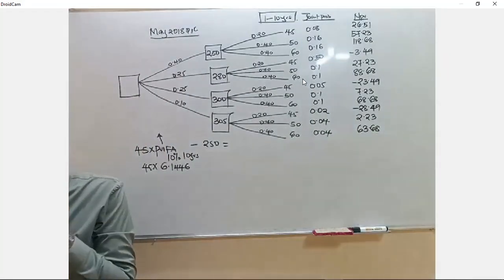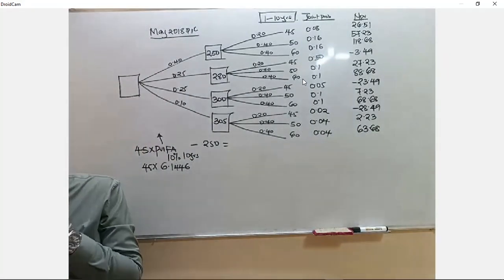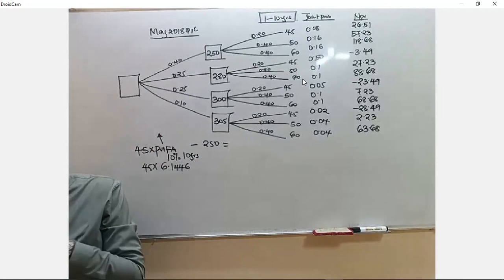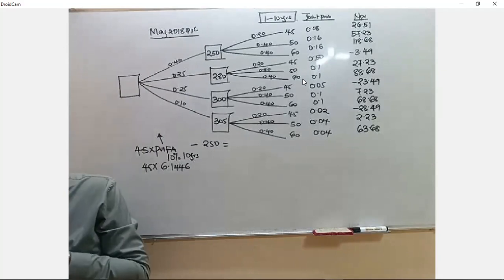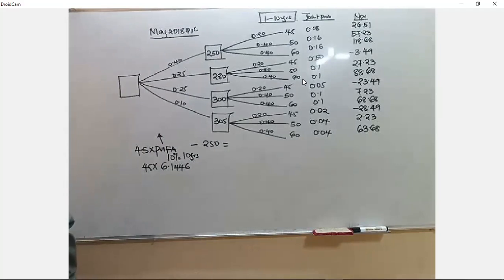63.68. Anyone who can be able to tell me where those things are coming from? Anyone who can say, I don't know where those things are coming from? So if we know, the examiner here requires us to get the expected NPV. And it is very easy, right?